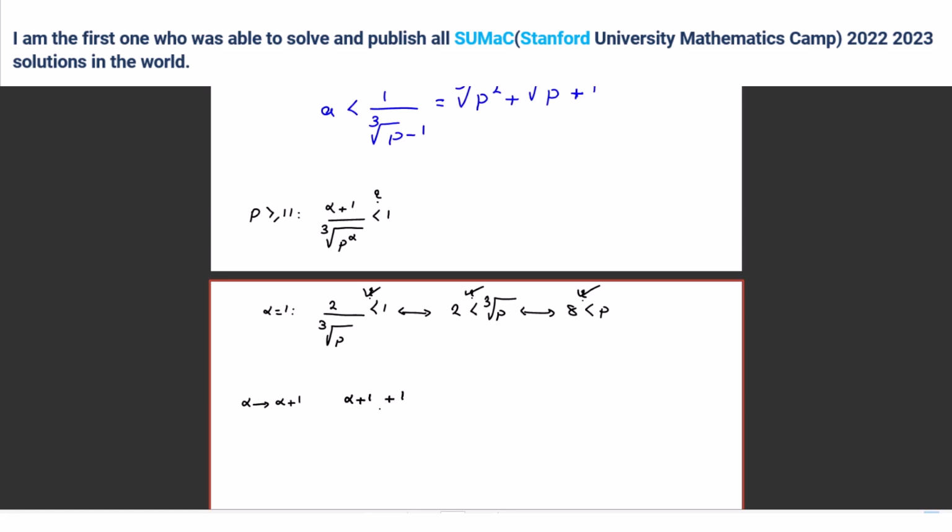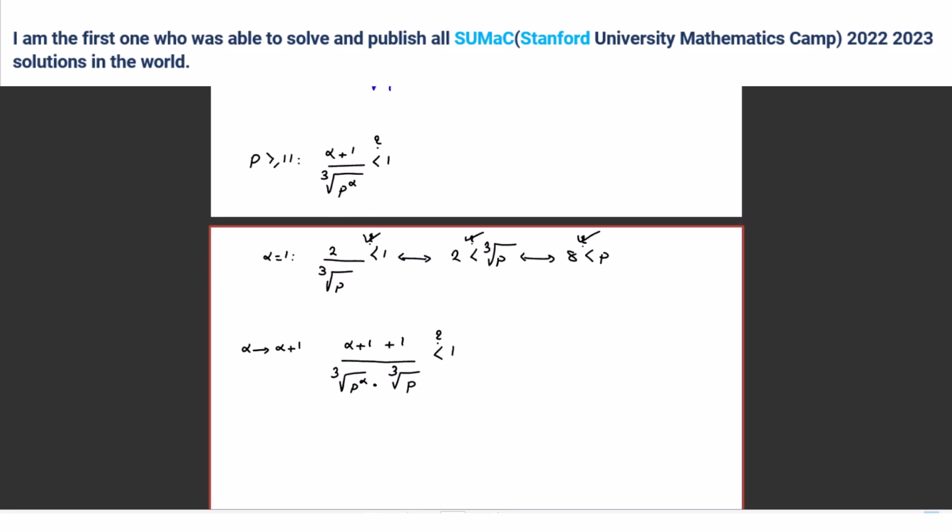Alpha plus 1 over p to the alpha times cube root of p, right? We want to prove this is less than 1. So we add the numerator by plus 1 and the denominator is multiplied by this, right?